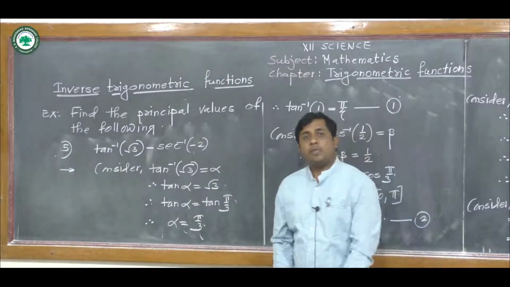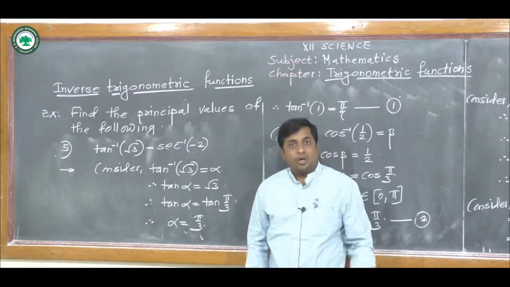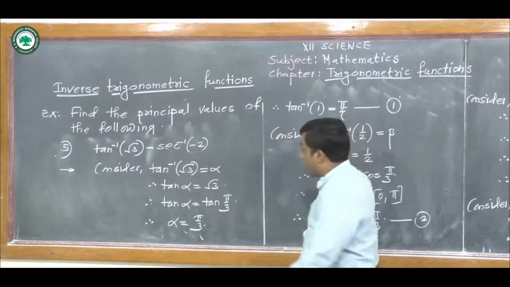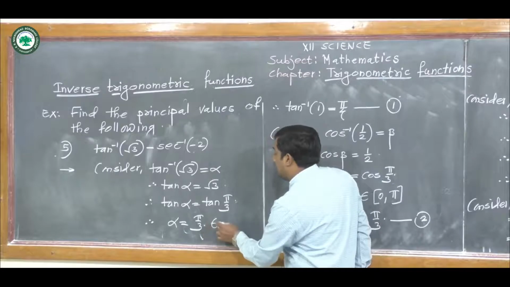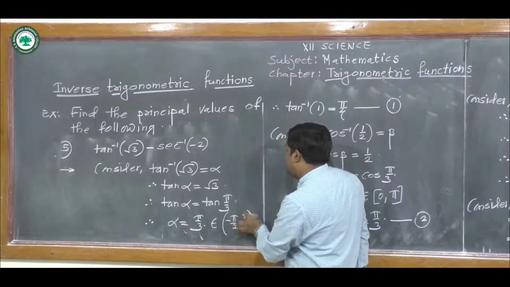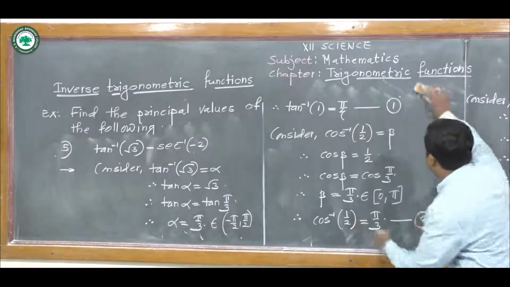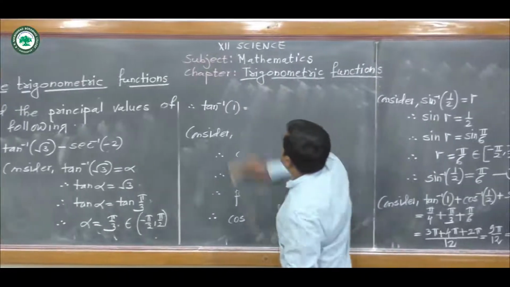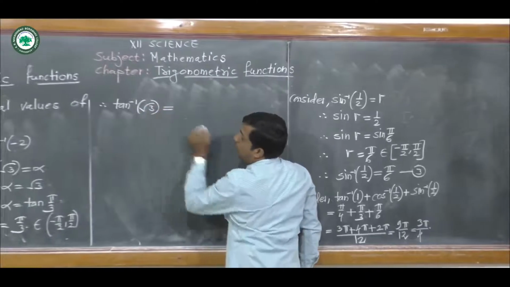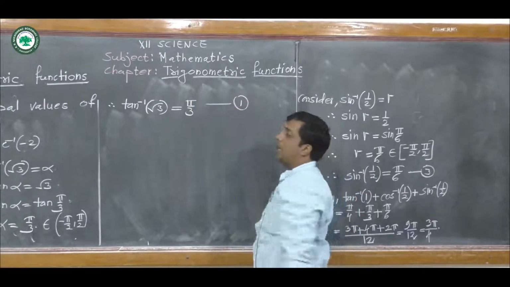Now we have to check whether this value lies in the principal value branch of tan inverse or not. We know the principal value branch for the given inverse trigonometric function is the open interval minus pi by 2 to pi by 2, and we know this pi by 3 lies in this interval. So we get tan inverse of root 3 is equal to pi by 3. Let us consider this as 1.